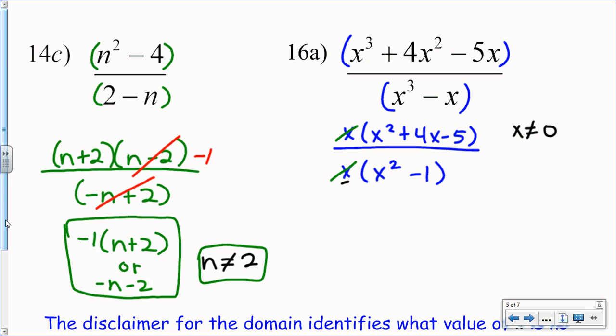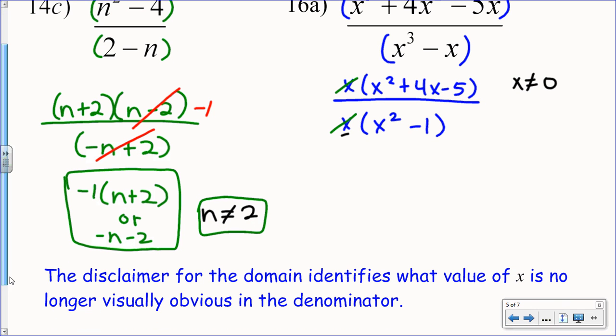Okay, but I see I have a quadratic still left in the top. This will factor more. Alright, so I multiply to be negative 5, add to be positive 4. So I multiply to be negative 5, so 1 positive, 1 negative.